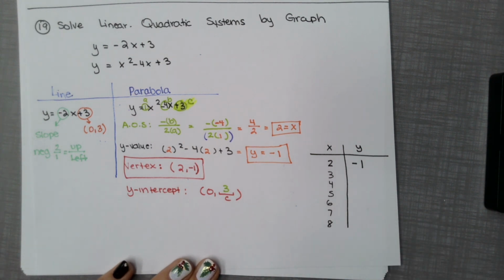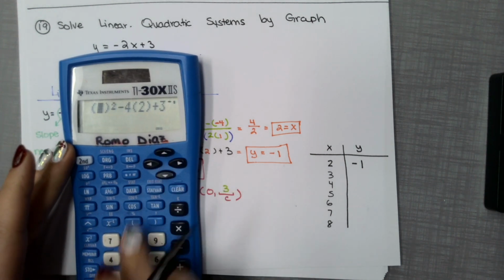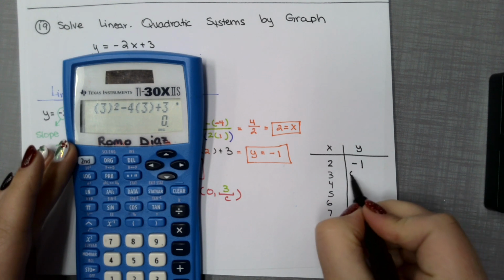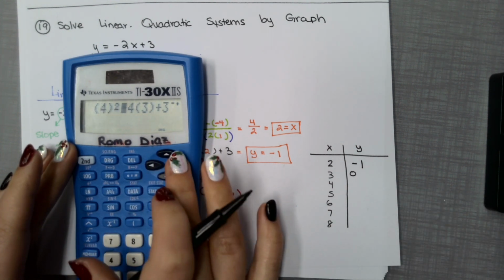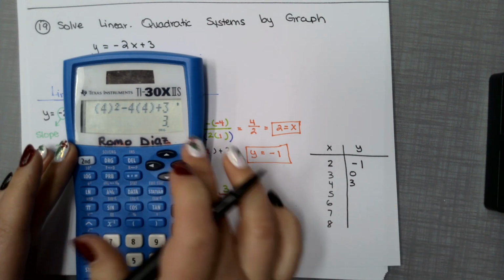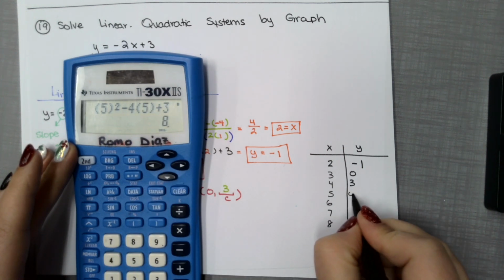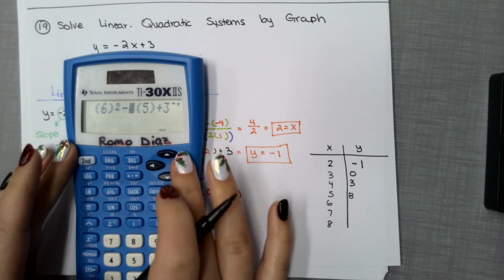Is that enough points? Maybe. I don't know. So I'm going to type that in. I already have the equation written, so I'm just going to replace it with my numbers. So I have 4 now. Then we have 5. Then we have 6.